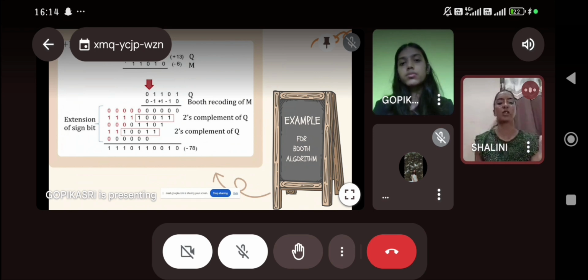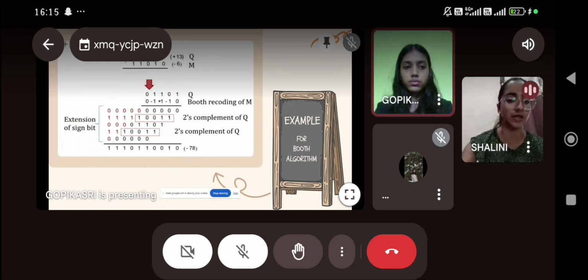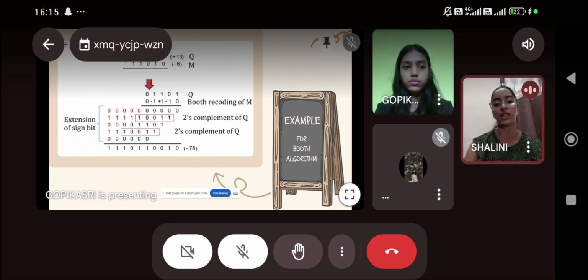So the most significant bit here is 1, so the answer we will be getting is minus 78. If the most significant bit was 0, the answer would be 78. So the desired output for plus 13 into minus 6 is minus 78, and we have got the desired result.